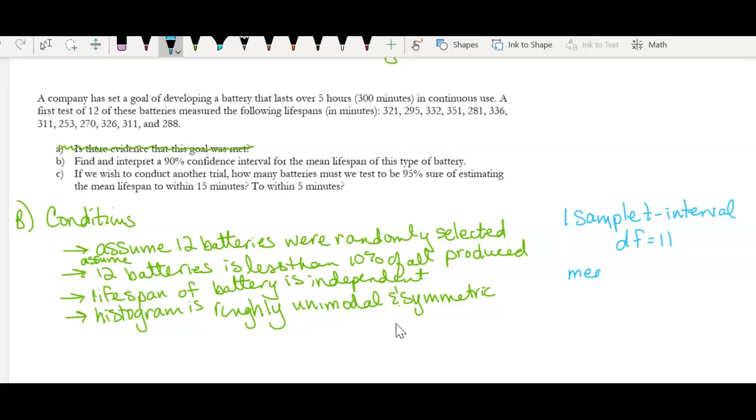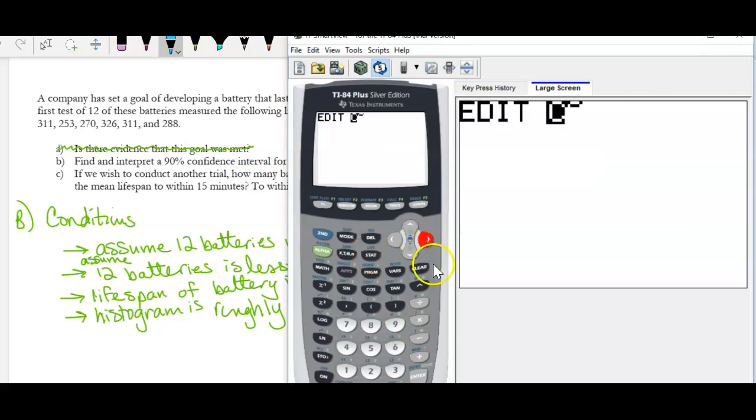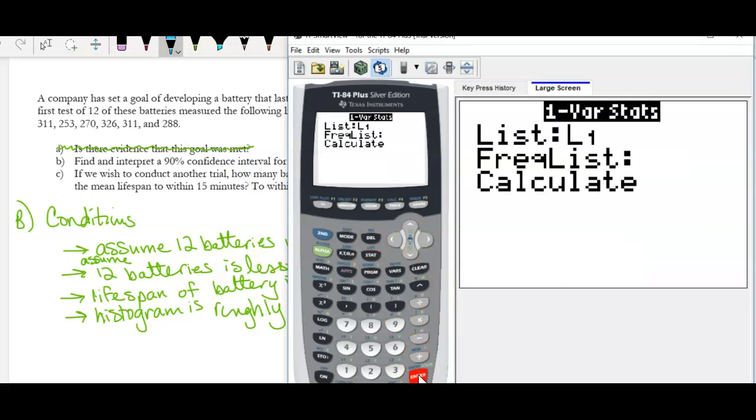We need our mean, which we'll get off our 1 vars, and we need our standard error, which we find from the Sx, and then we take the square root of 12. So let's run our 1 vars: stat, calc, 1 vars.